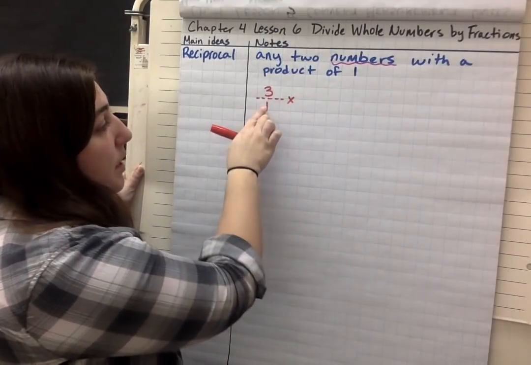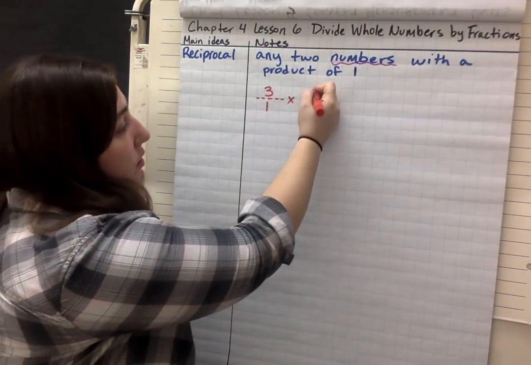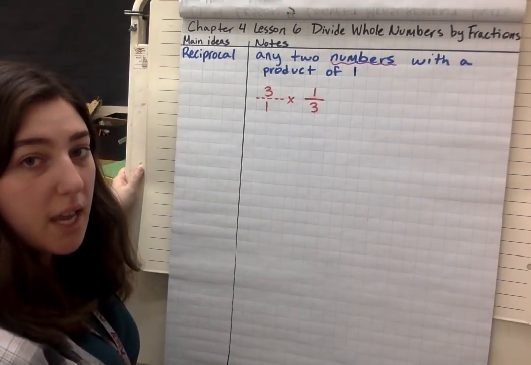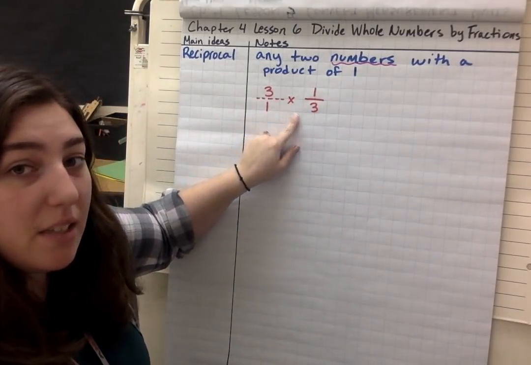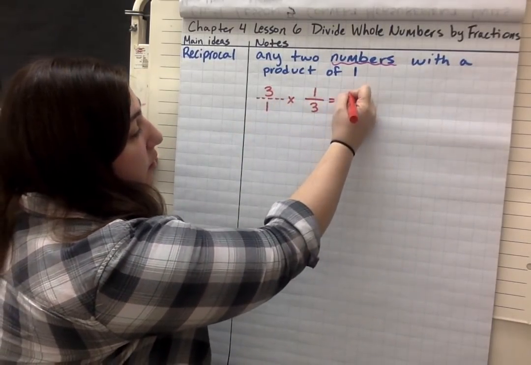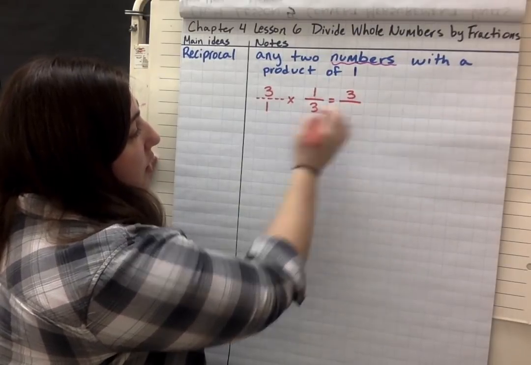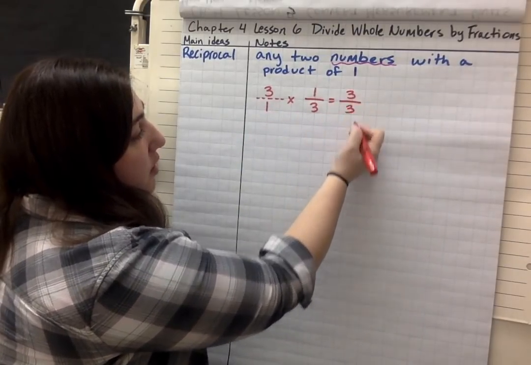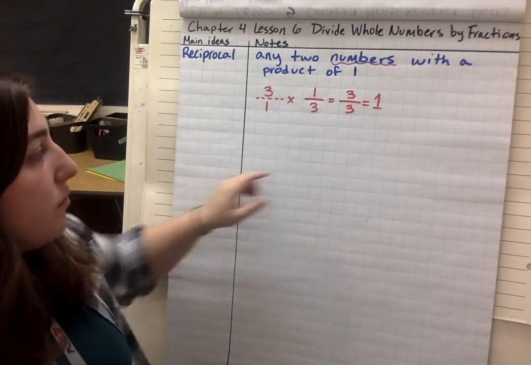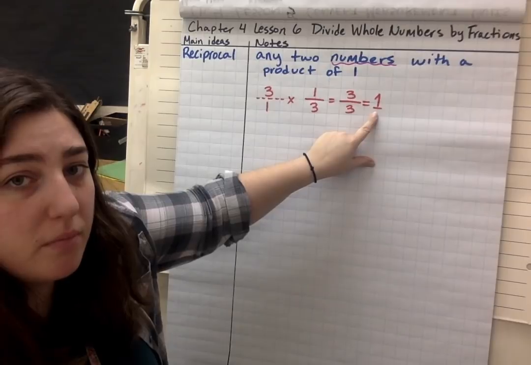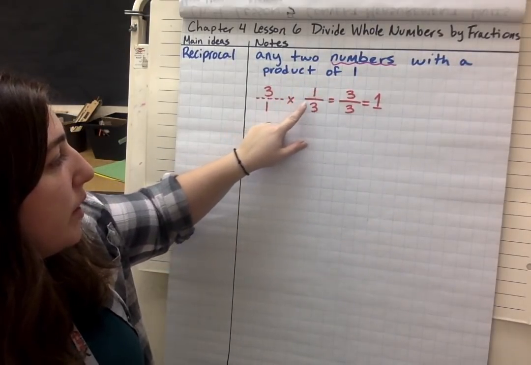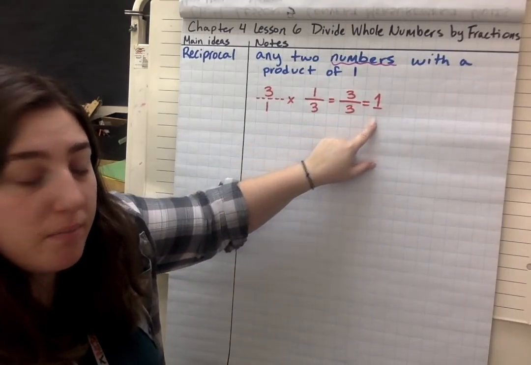And the reciprocal of 3 over 1 would be 1/3. Okay, so then if I multiply these, I should get a product of 1. 3 times 1 is 3, and 1 times 3 is 3. So I got a product of 1. So I think I got this right. So any two numbers with a product of 1, 3 over 1 times 1 over 3 gave me 1.